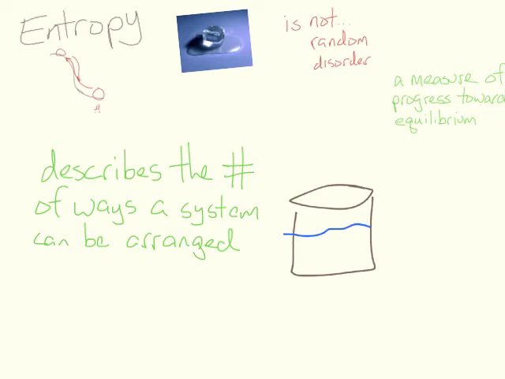Now, what I could then do is take the same amount of water and distribute it into a whole bunch of smaller containers. And that would increase the number of arrangements that I have available to those water molecules.